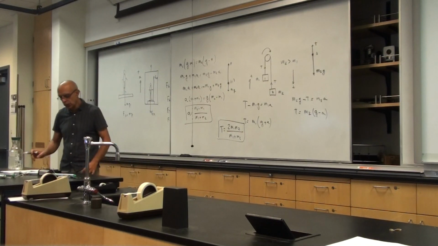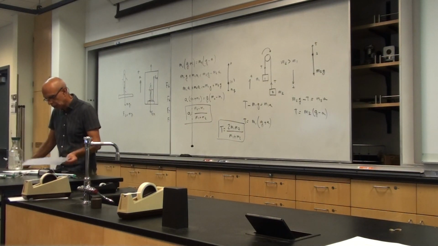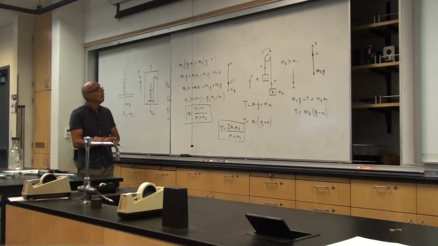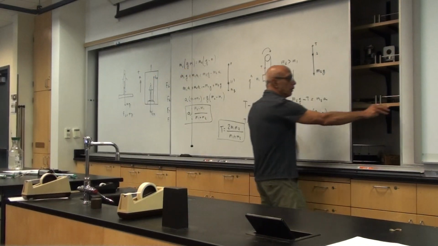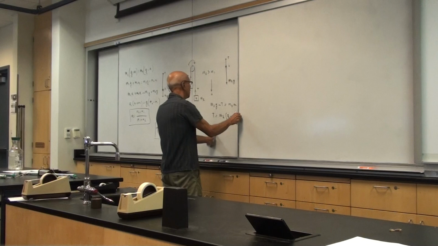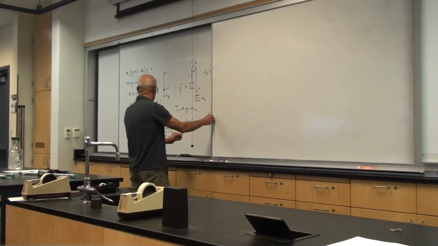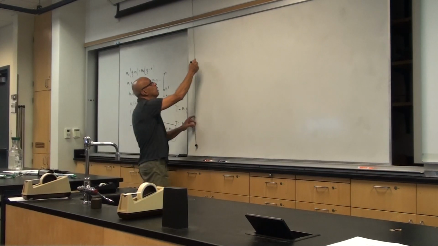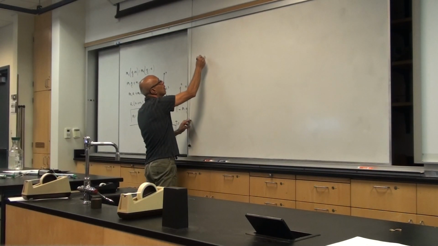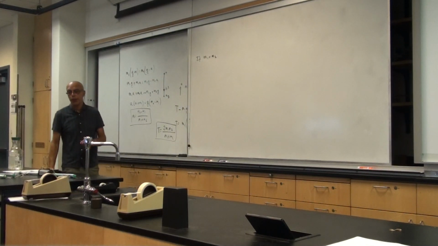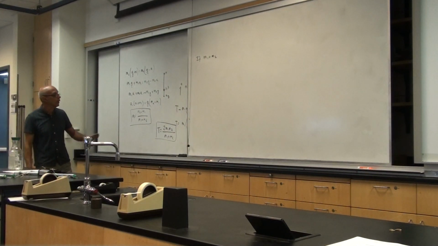Now, let's look at certain interesting situations. Let's focus on these two equations now, and let's say if m1 is equal to m2, what do you think is going to happen?